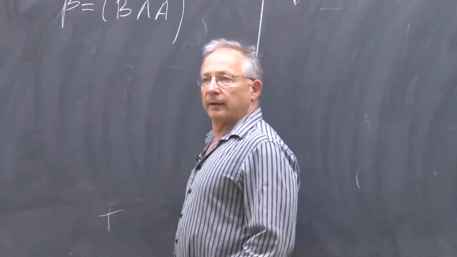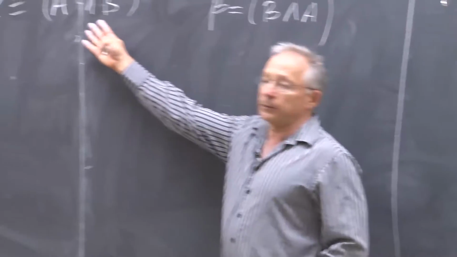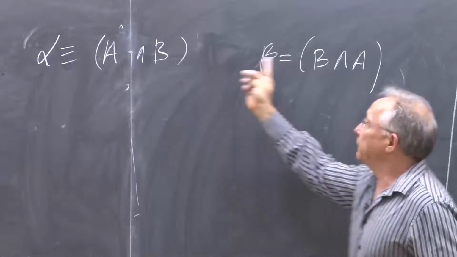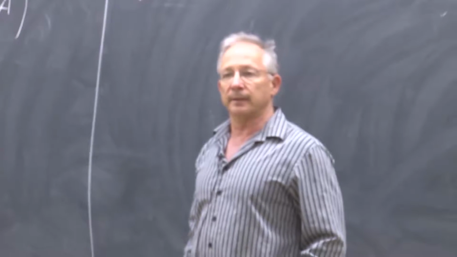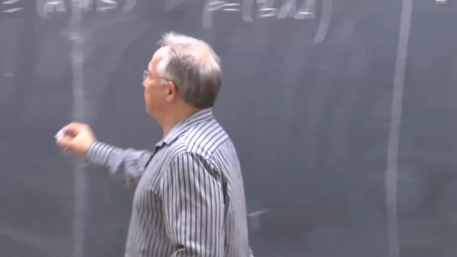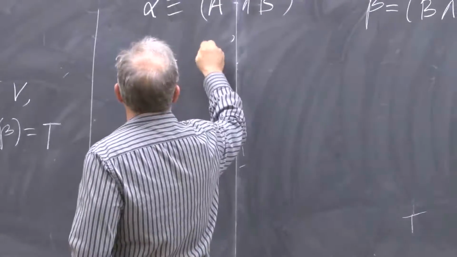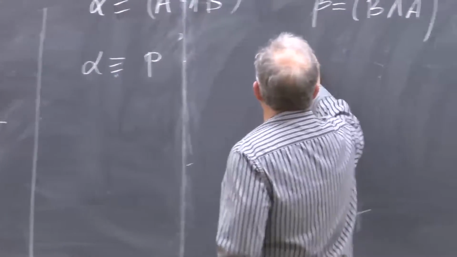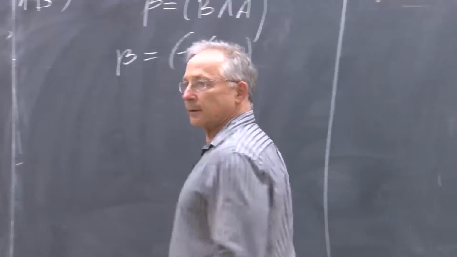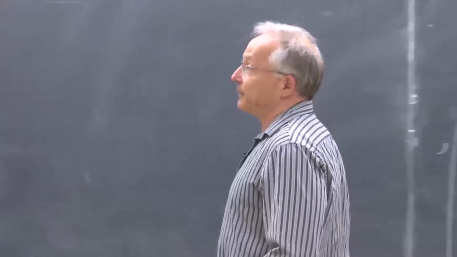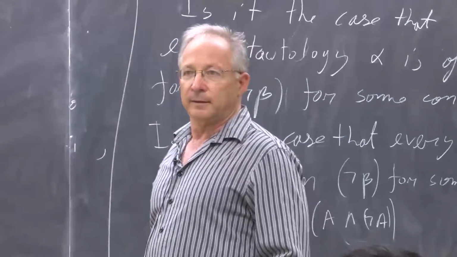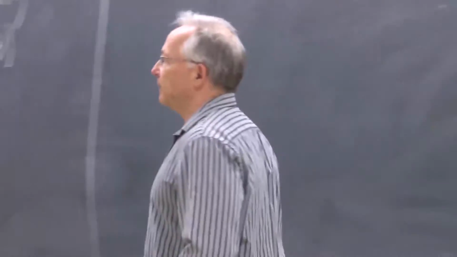So every truth assignment that will make this one true will have to give both A and B the value true, and therefore it will make this one true. Yes? Right. Another one is let alpha be P, and let beta be not P. So those are examples of even something stronger, that each of them logically implies the other. So in such cases, we say that they are equivalent.